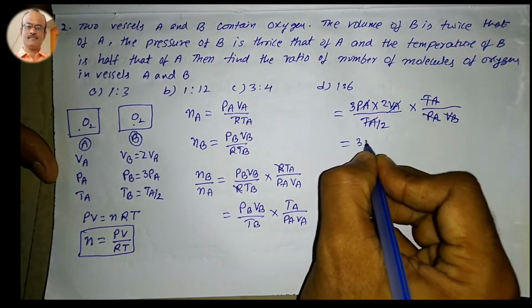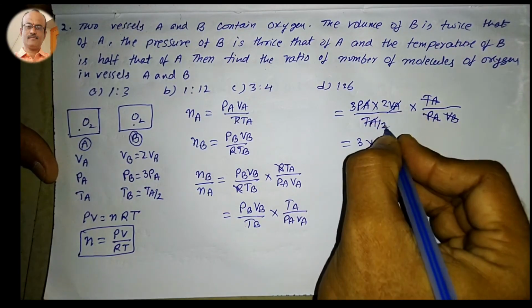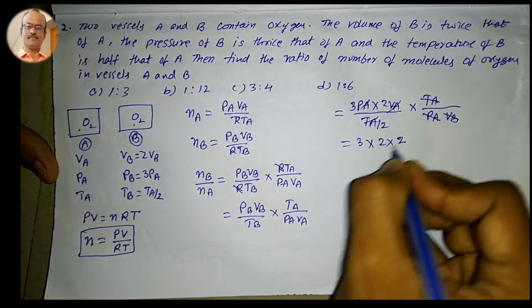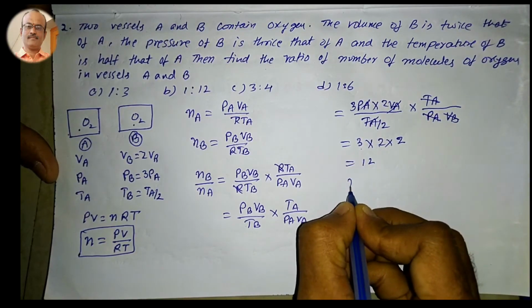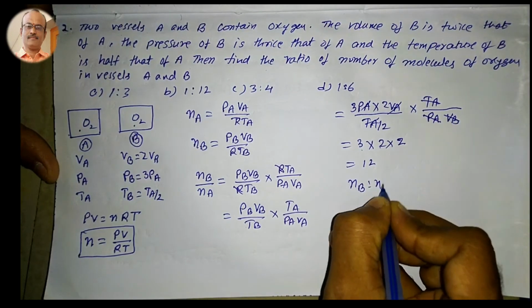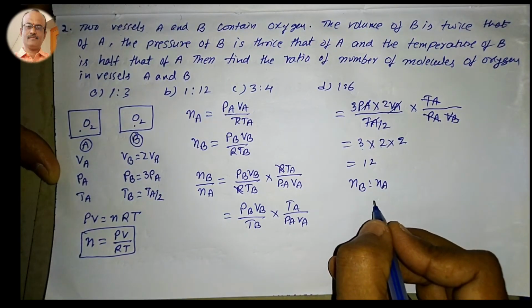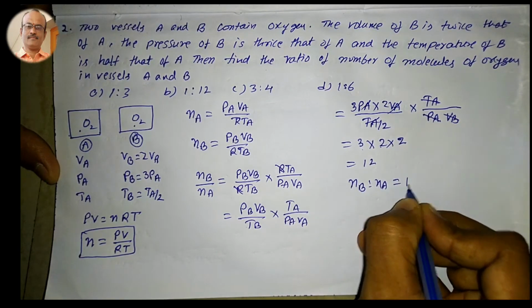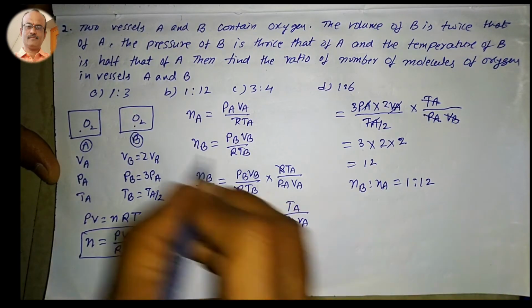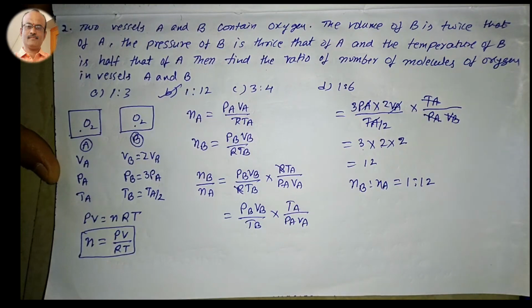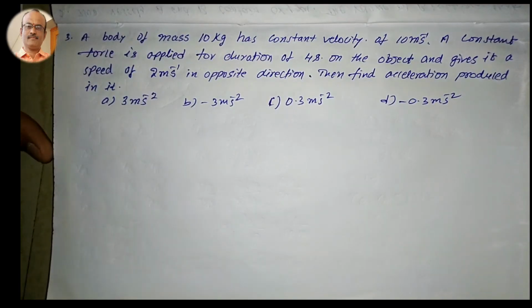Remaining are 3 into 2 into 2, since the denominator goes to the numerator. 3 2s are 6, 6 2s are 12. So NB is to NA, the number of molecules in B is to the number of molecules in A, is 12 is to 1. Which option is correct here? Option B is correct. Now question number 3.